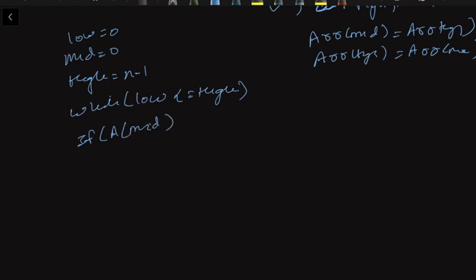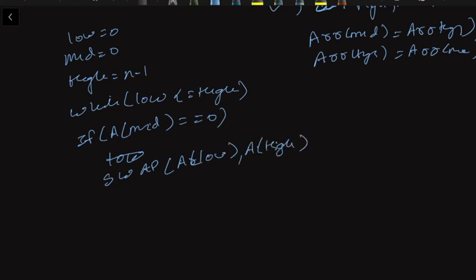If array of mid equal to 0, we'll swap array of low and array of mid, and then we'll increment low and mid. I'm sorry, it should be mid, not high.